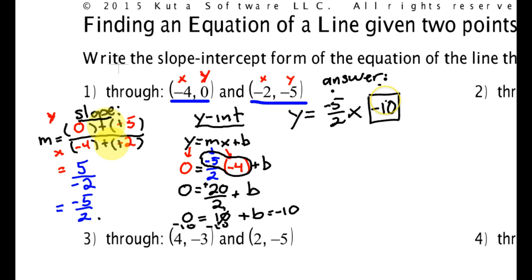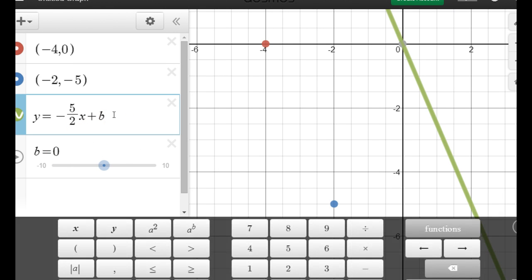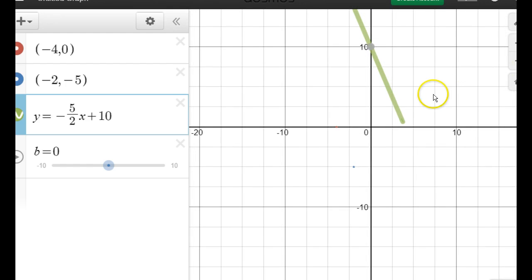There's my final answer of what I think it is, but you guys are going to go check. Now, if you messed up and you said +10 and you put in 10, this is why you're checking. You can clearly see that it does not go through your 2 points. So if your equation is wrong, it won't go through the points.